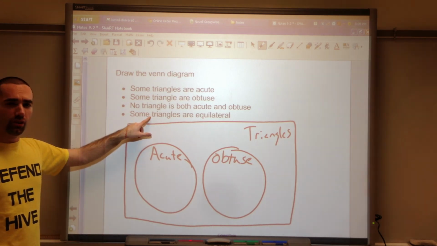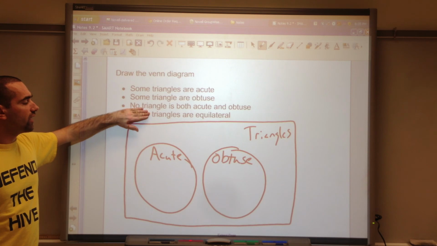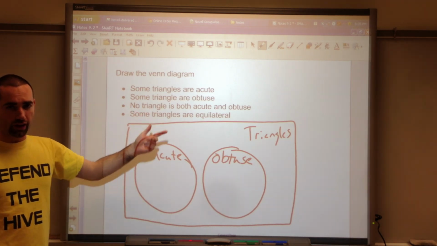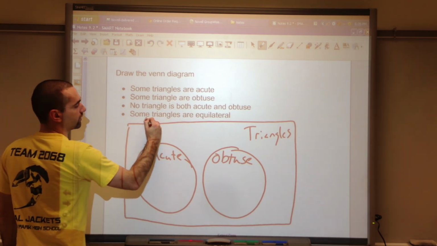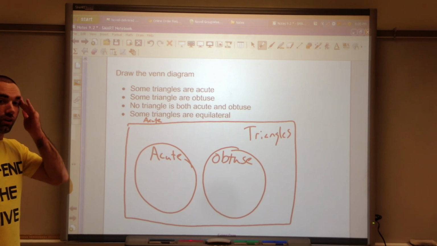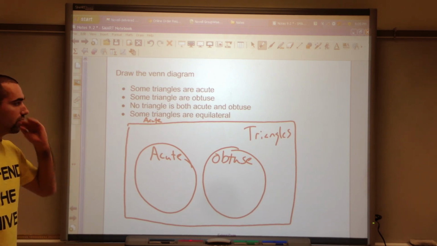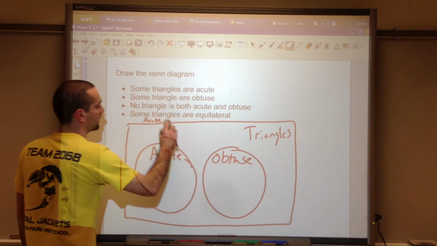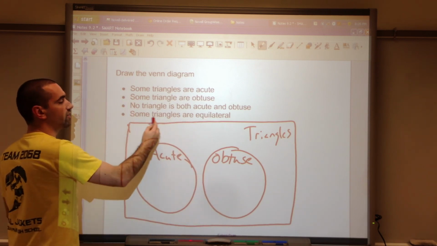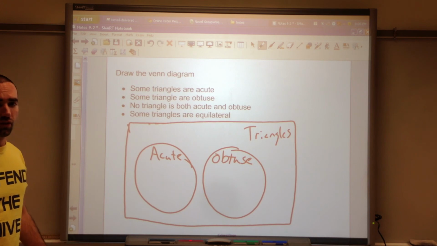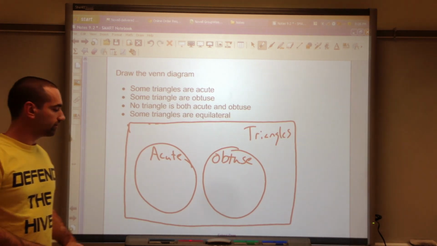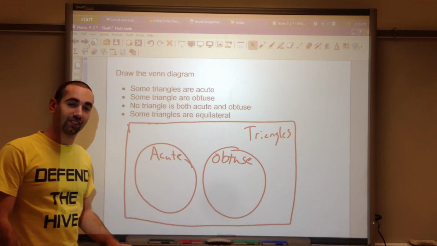I believe this is missing a word. This actually should say some acute triangles. That's missing a word. Some acute triangles are equilateral. No, I'm sorry. That's incorrect. It should say some equilateral triangles. I'm sorry, I'm messing this up.